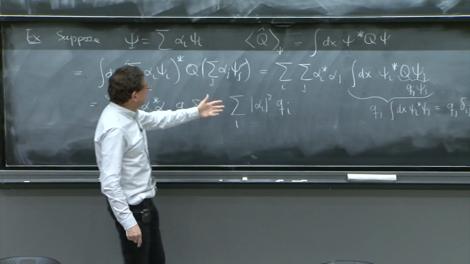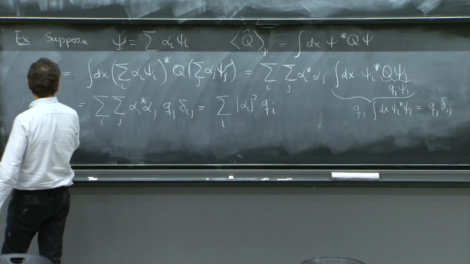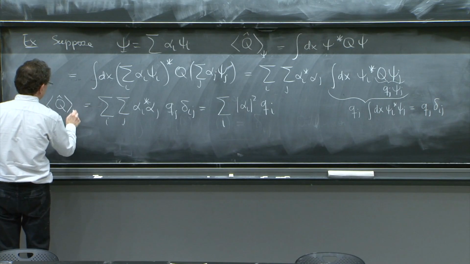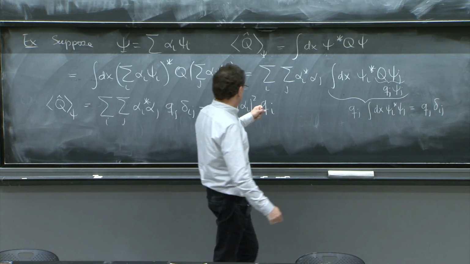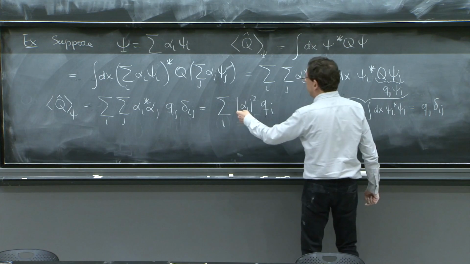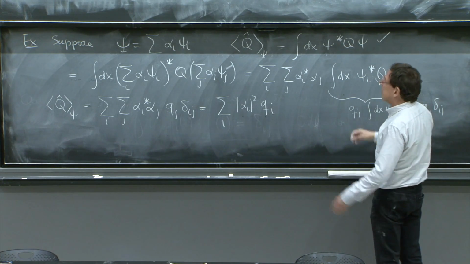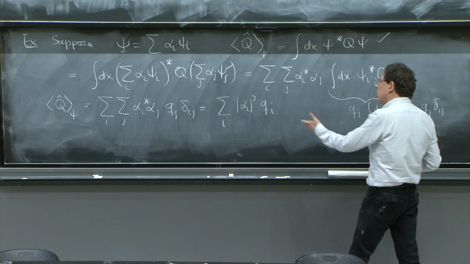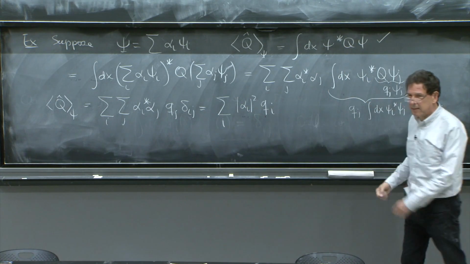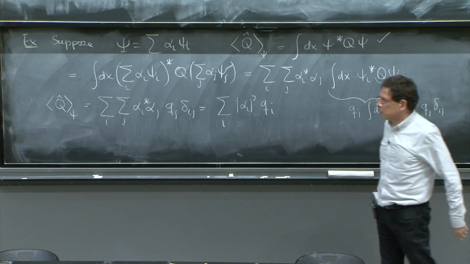Okay, so the expectation value of Q should be the sum of the possible values times their probabilities, and that's what the system gives. This is how we defined the expectation value of x a week ago, the expectation value of p, and it all comes from the measurement postulate and the definition. Now, this definition and the measurement postulate just shows that this is what we expect as the result of the expectation value.